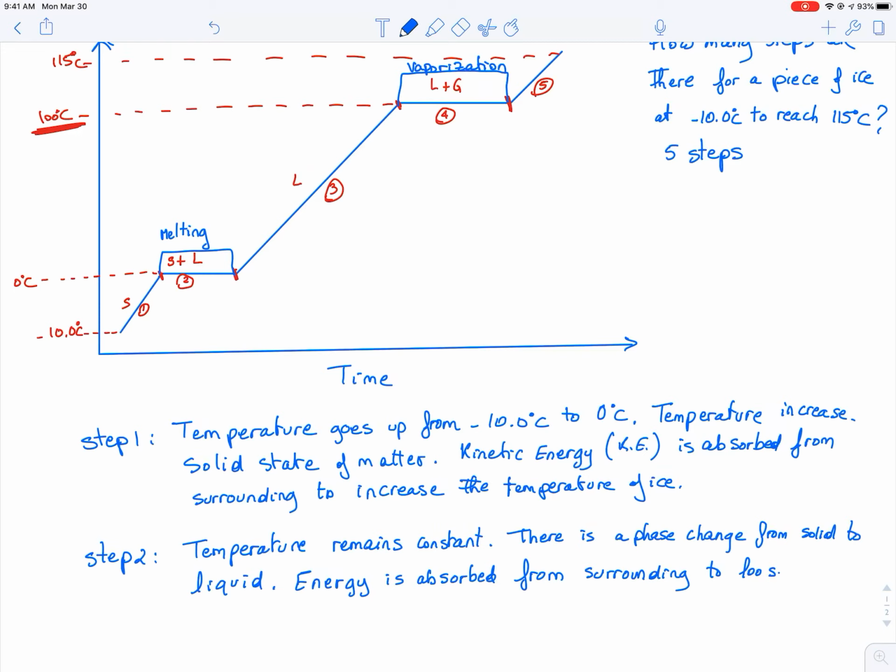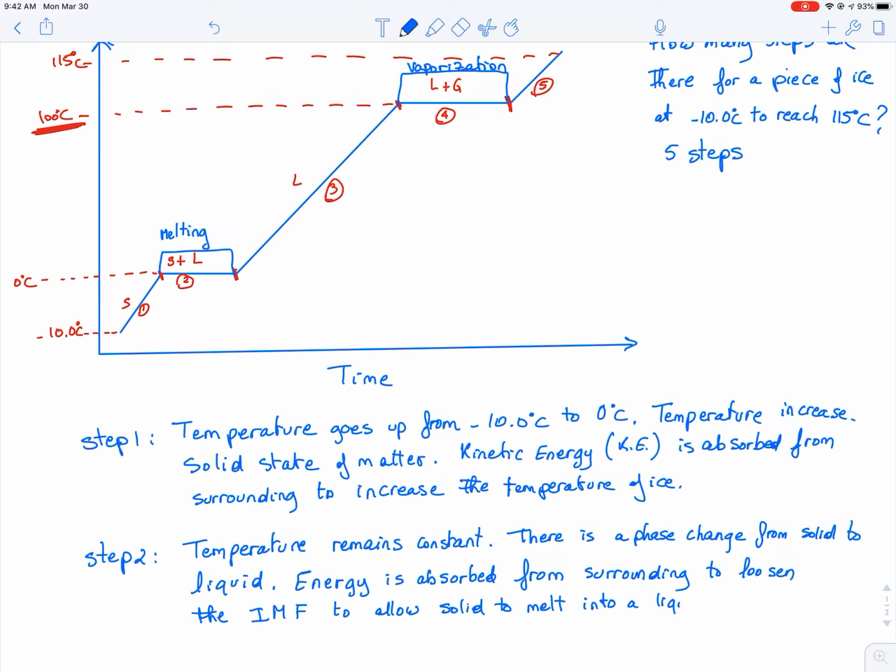Okay, so to loosen, and I'm not going to write intermolecular forces, I'm going to write short IMF. You should know that IMF is intermolecular forces right now. Okay, to allow solid to melt into a liquid.